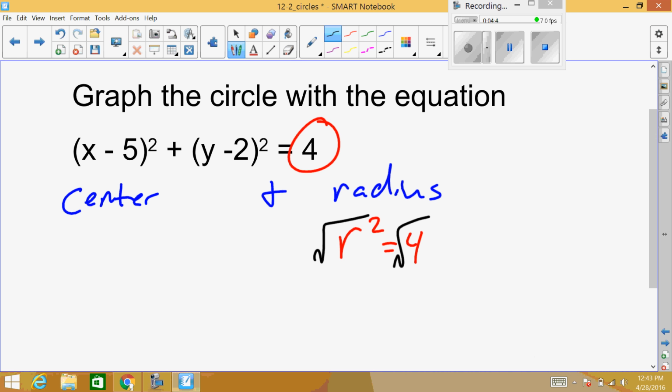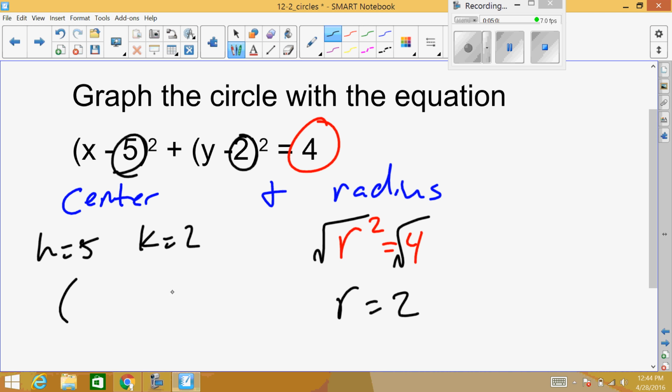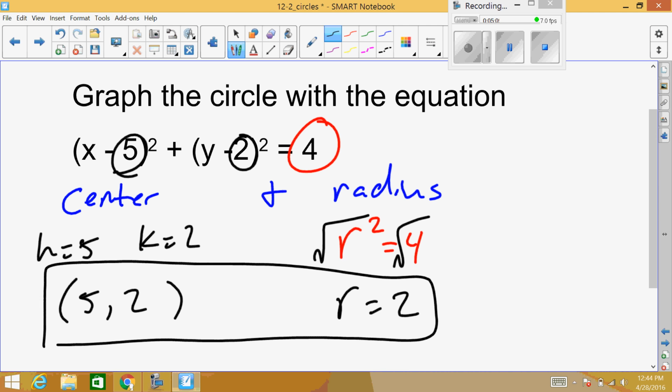Normally when we take the square root we'd put a plus or minus, but we're talking about radius, a length, and lengths can only be positive, so our radius is 2. Over here I'm going to pick out the h, because it's x minus h, so h equals 5. And this is y minus k, so k is going to equal 2, which means my center point is (5, 2). And we're set. We would be ready to graph that equation.